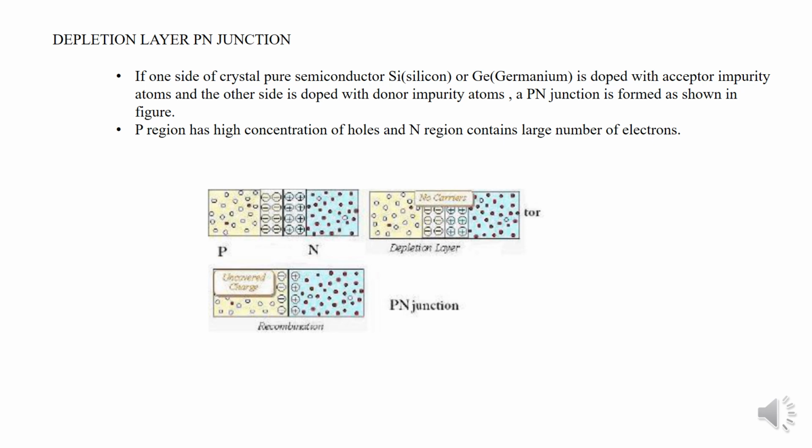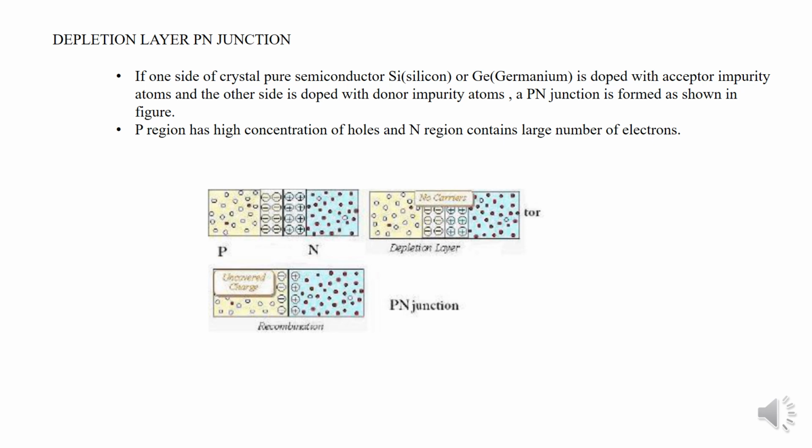Now let us see the function. An electric field is set up between the donor and acceptor ions in the depletion layer of the PN junction. The electrons on the N side are prevented from going to the lower potential of the P side, and similarly the holes on the P side are prevented from crossing to the N side. Thus there is a barrier at the junction which opposes the movement of the majority charge carriers.